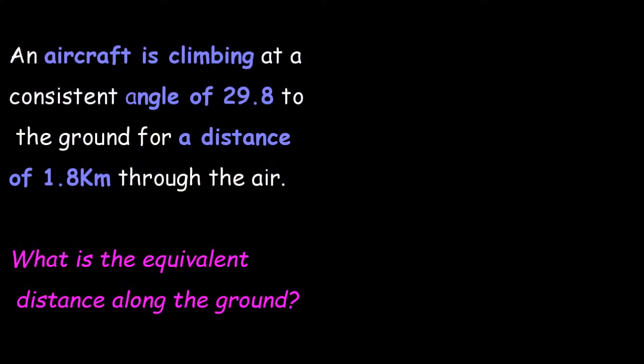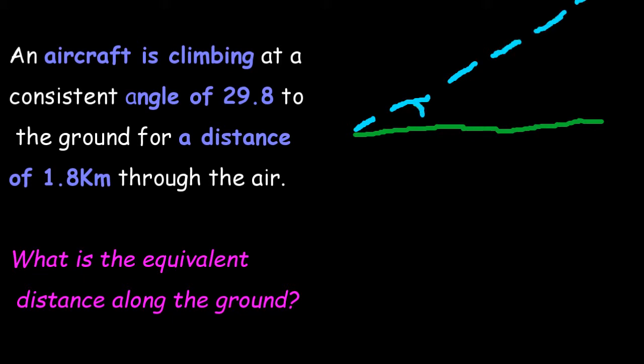An aircraft is climbing at a consistent angle of 29.8 degrees to the ground for a distance of 1.8 kilometers through the air. What is the equivalent distance along the ground? Again, we'll try and make a picture with the information provided. So we have an aircraft and it's climbing at an angle of 29.8 degrees.